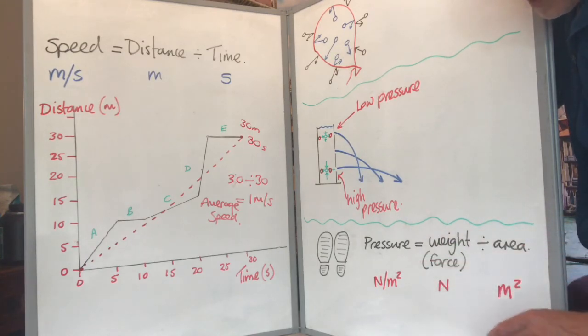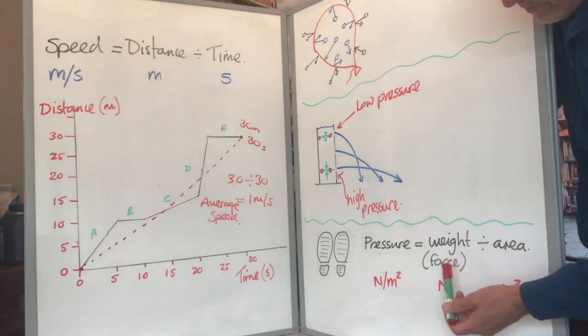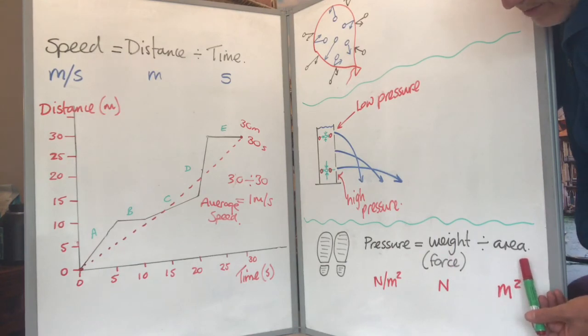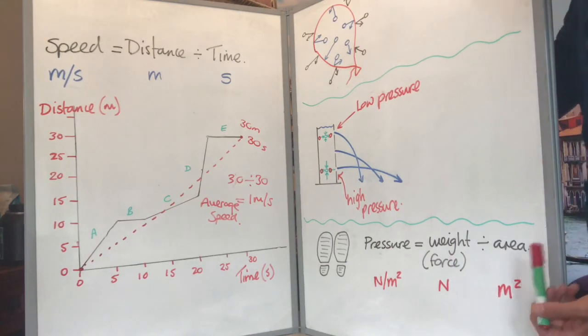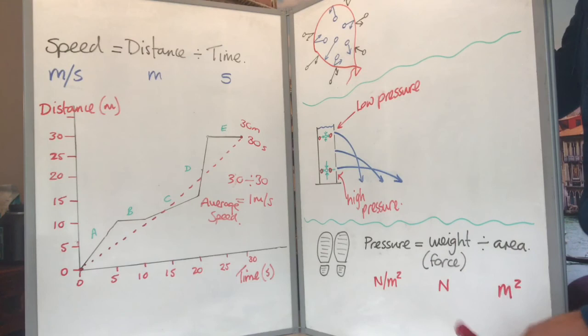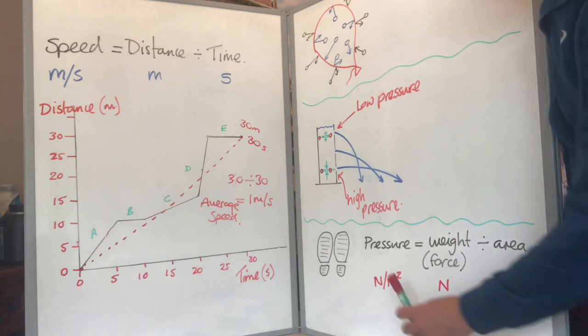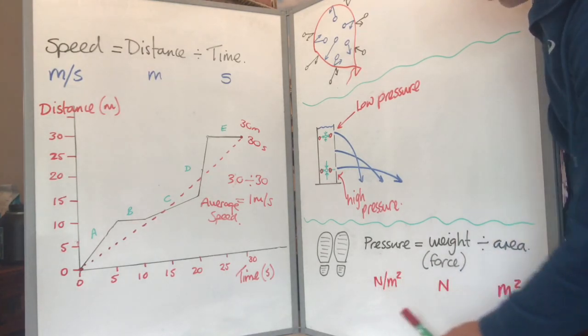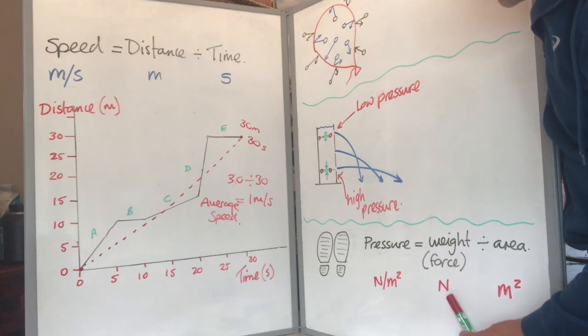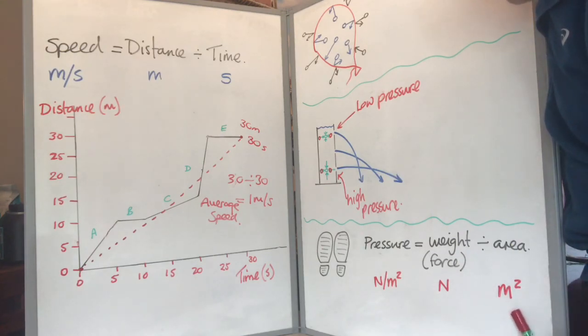It could be a nail being hammered into a piece of wood, where we're using force from a hammer and the area is the point of the nail. So there are different applications, but the same principle. Okay? So pressure in newtons per meter squared equals weight or force in newtons divided by area in meters squared.